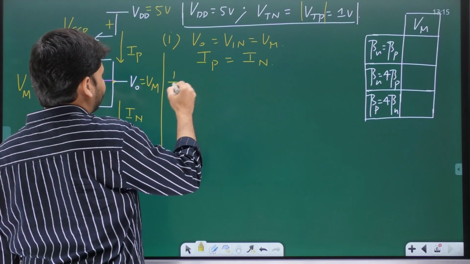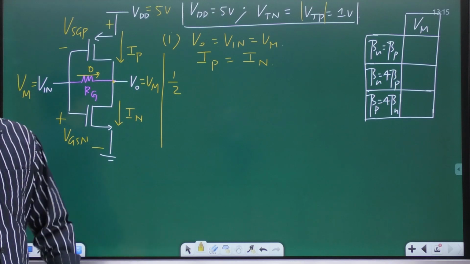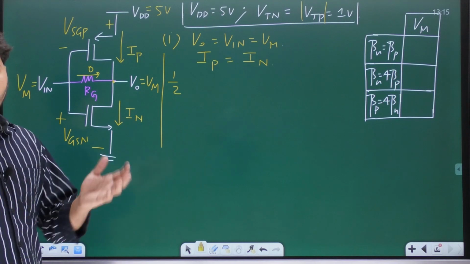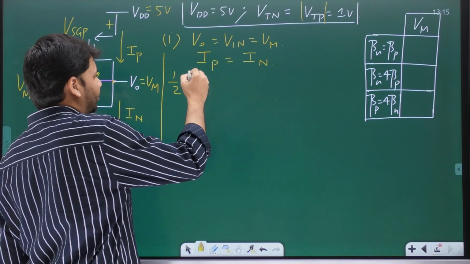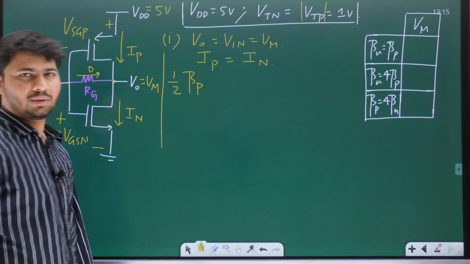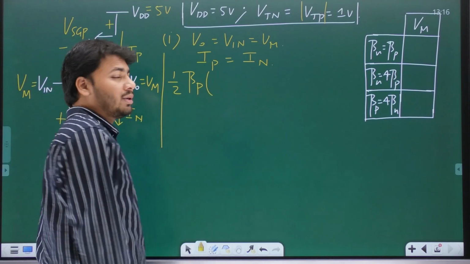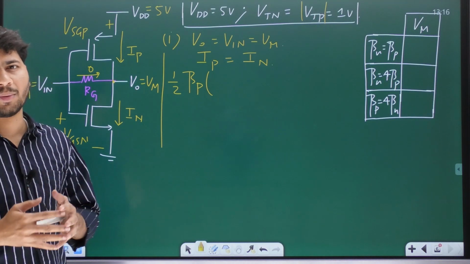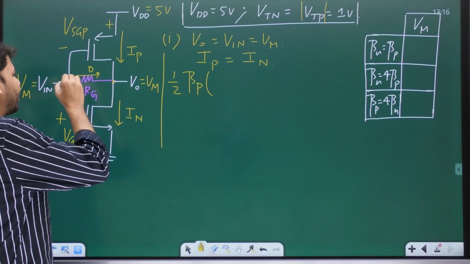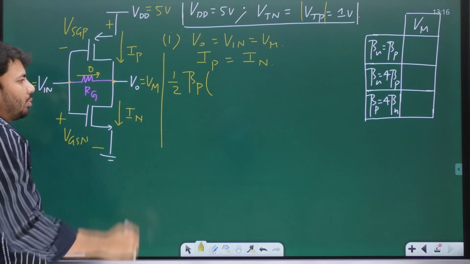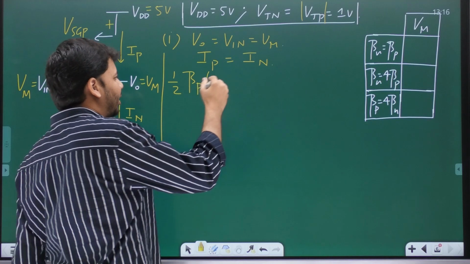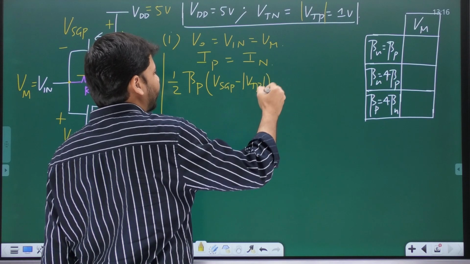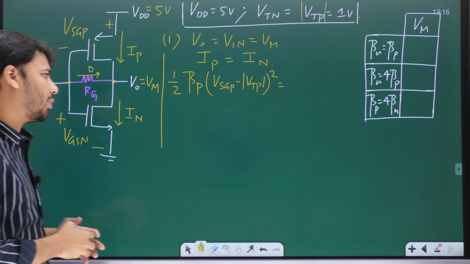So in place of Ip, I can write down half mu p Cox W by L of PMOS, and that mu p Cox W by L of PMOS is the strength of the PMOS transistor, which is also denoted by beta p. So half beta p, and then square of the overdrive voltage. Why? Because both NMOS and PMOS are going to operate in saturation, since drain and gate are going to be at the same potential, okay? So half beta p into VSGP minus mod VTP whole square, and that should be equal to In.